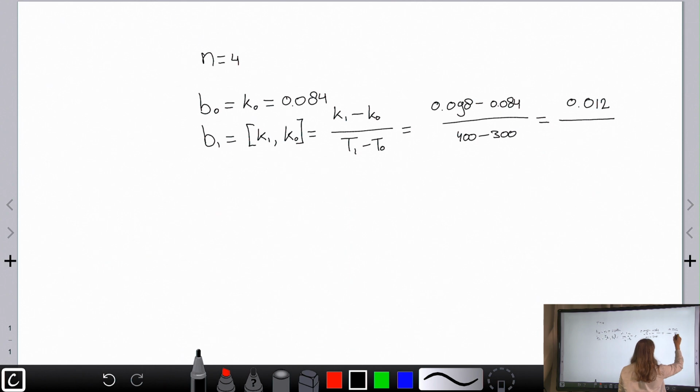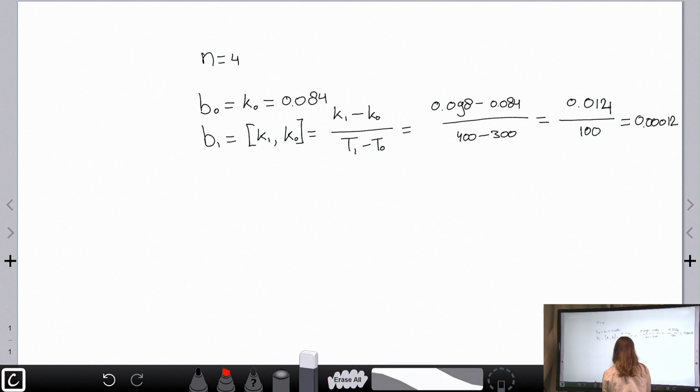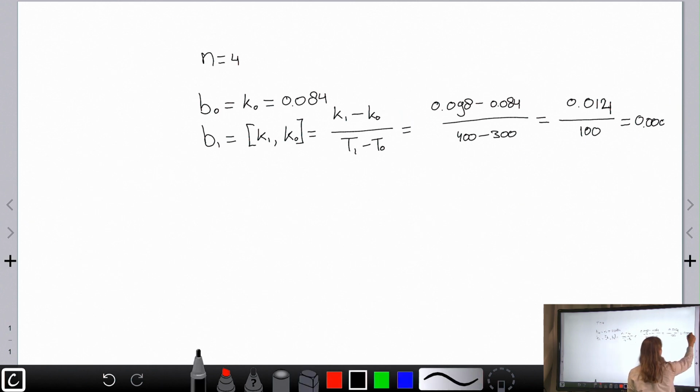Yep, 14 over 100 is going to be 0.00014. One four actually. I don't know why I have that in my head. 1, 4.